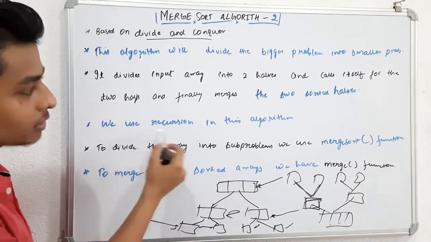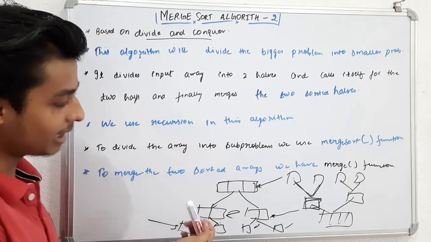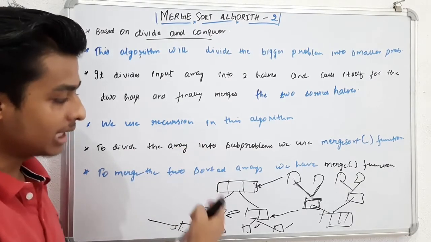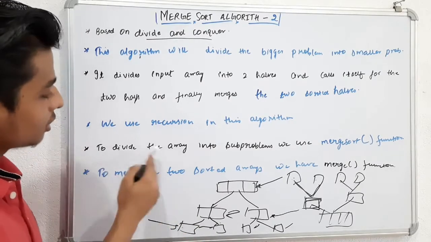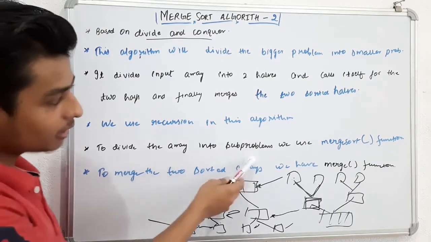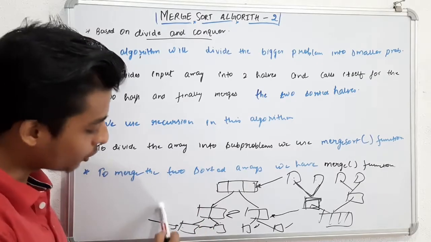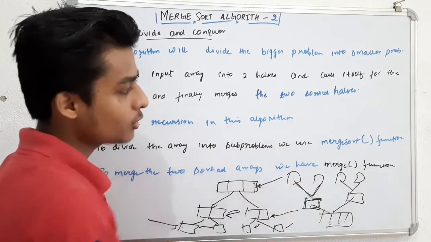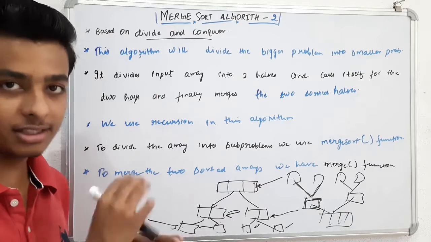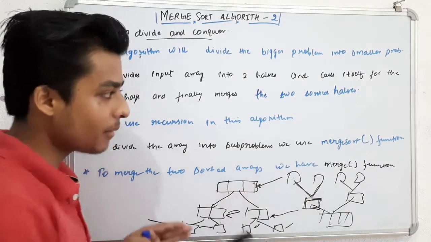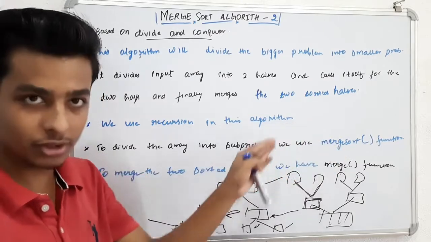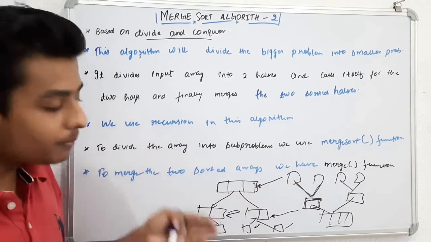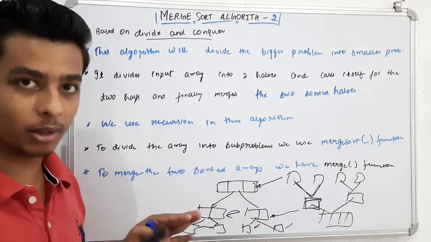Okay, so we use recursion in this algorithm. I have discussed that we are going to use recursion so that we can divide the problem into subproblems. To divide the array into subproblems means to do this task. We are going to use the merge sort function. In the pseudocode we'll see what the merge sort function is, but as of now, just know that we are going to use this function to divide the problem into subproblems, right?